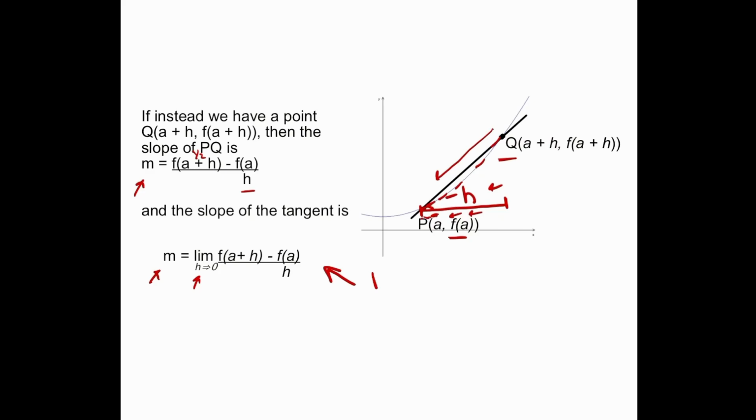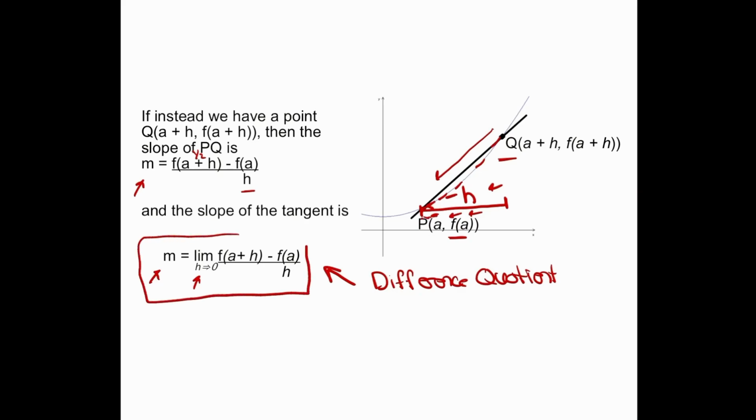This is called the difference quotient. And it allows us to calculate the slope of a tangent as h gets very close to 0 for any continuous function.